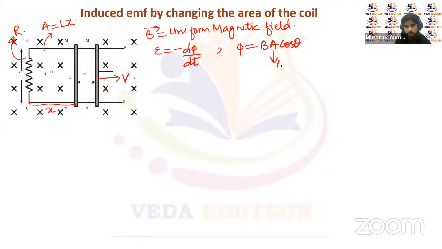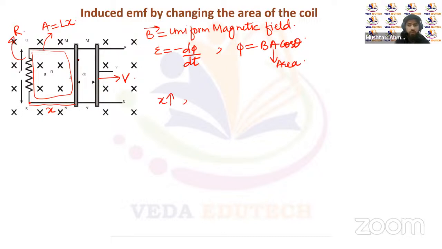By changing the area of a coil. So initially this was the area of this coil, and this is the length of this coil, that's L, and x is the distance from this point. Now as this rod moves towards the right, the value of x increases.